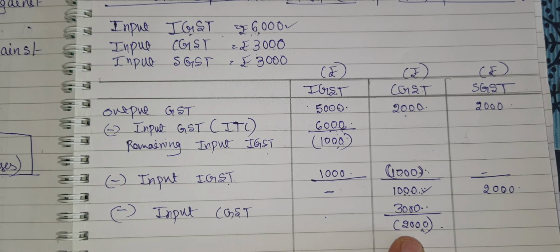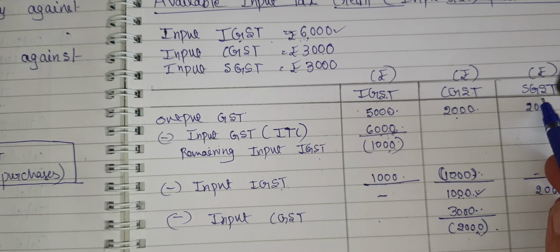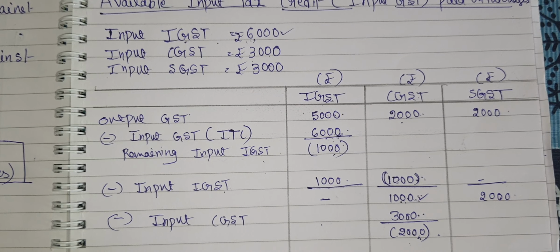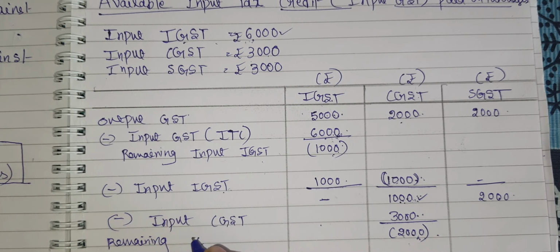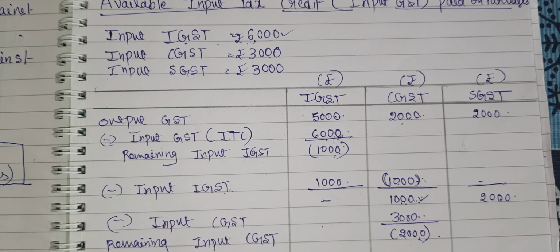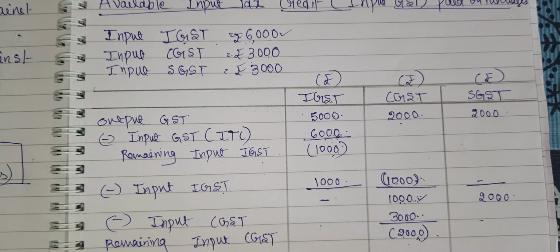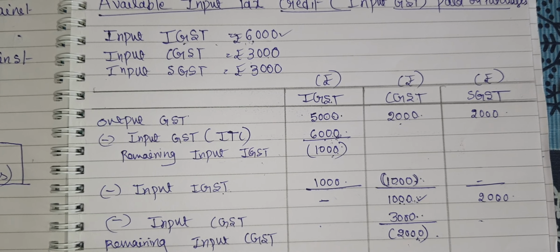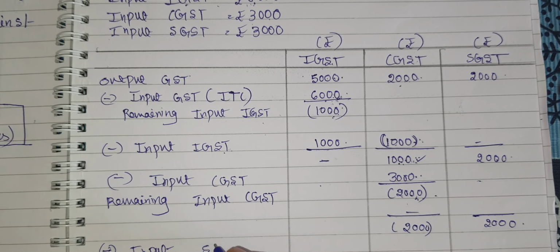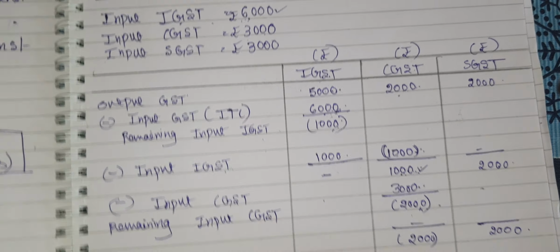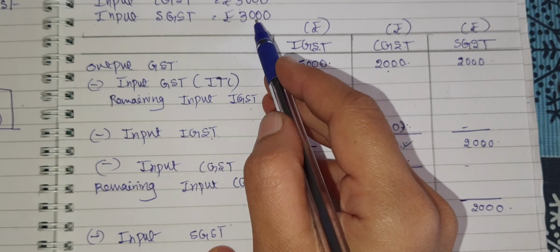Okay, now we will see the next one. Now we have to set off the SGST, that is, less the remaining input CGST, less input SGST, that is rupees 3,000.